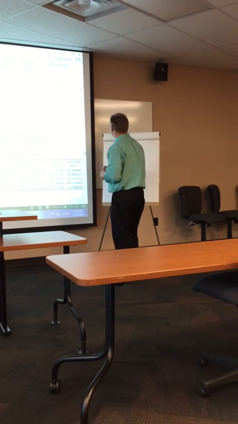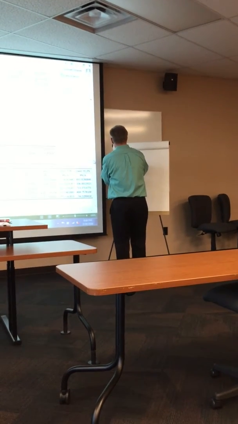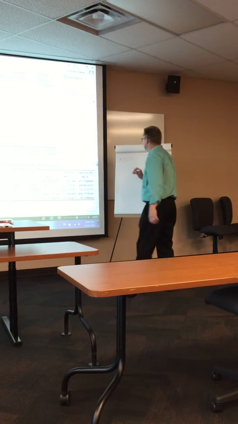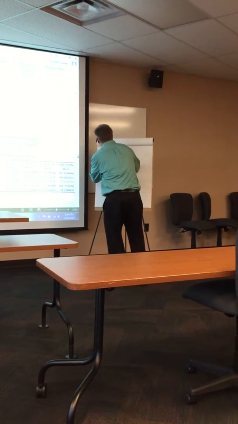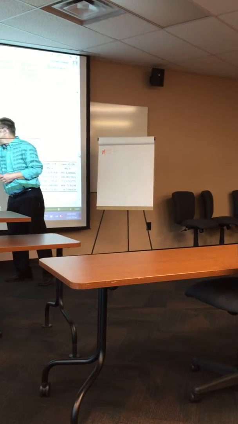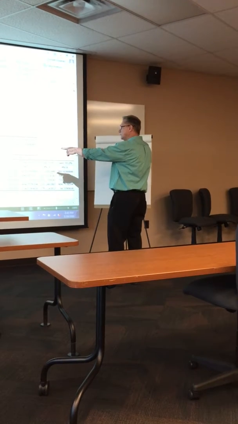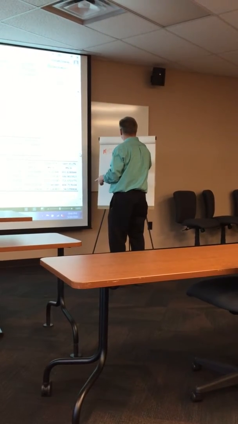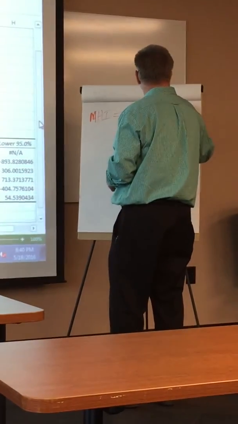The formula is that the median household income is equal to 0, that's our starting point, plus negative 500.82 times the unemployment rate.